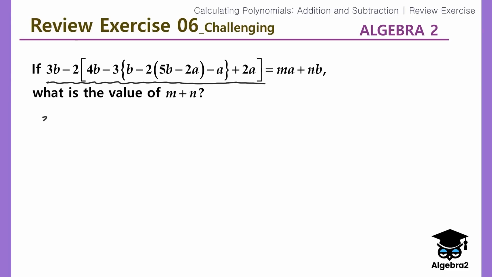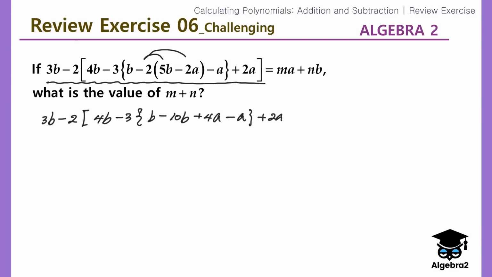So we have 3b minus 2, 4b minus 3, b minus 2 times 5b, that's going to be 10b, minus 2 times minus 2a, that's plus 4a, minus a plus 2a bracket is equal to ma plus nb, right?